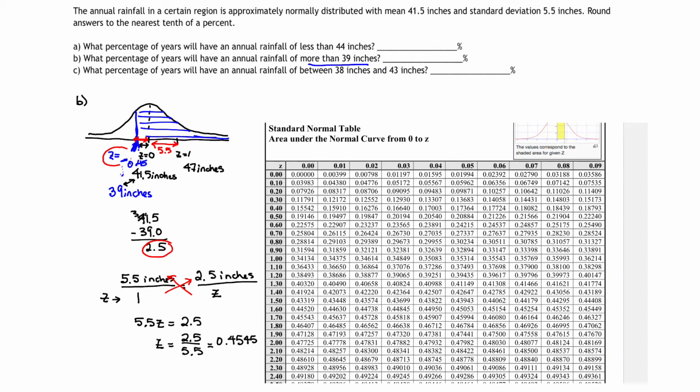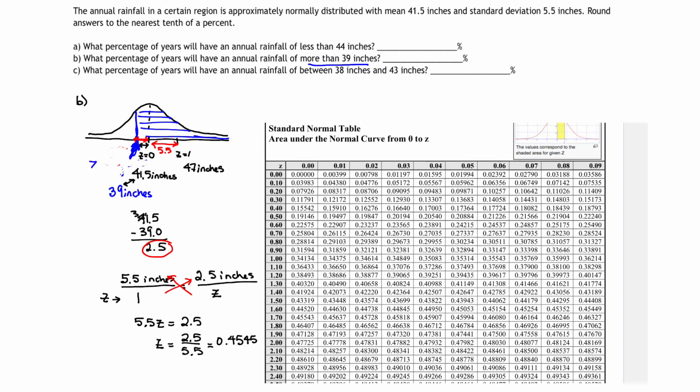Because my value point of 39 inches is on the left, that z value is a negative score.